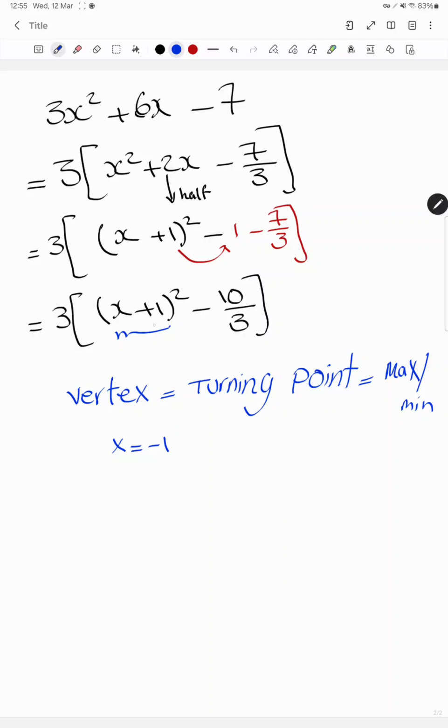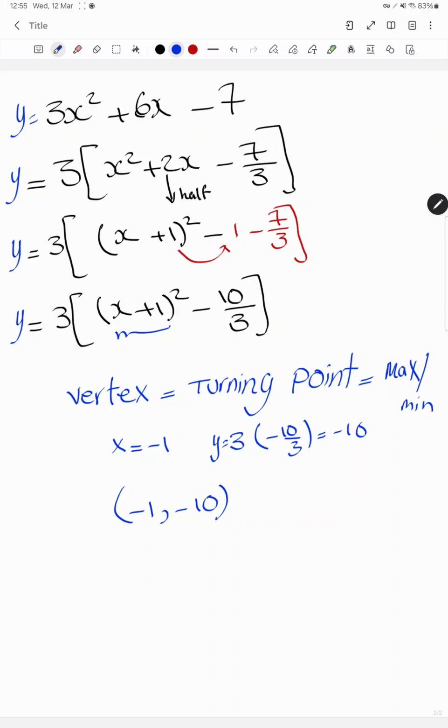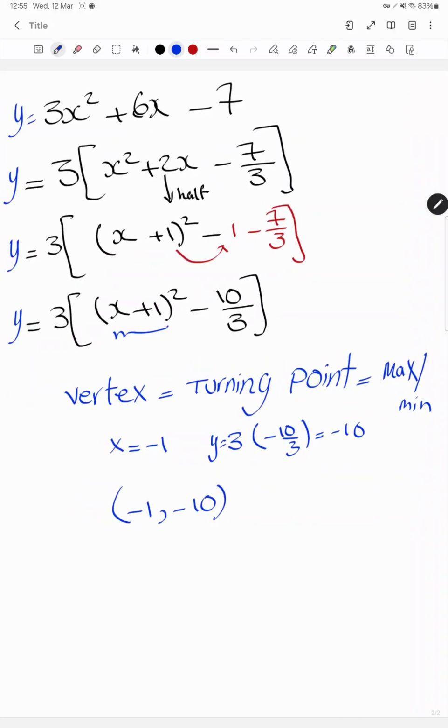And if x equals minus 1, I'm going to have 3 times 0 minus 10 over 3. That would be my y value, so that's minus 10. So my turning point is (-1, -10). That function must equal y then. There we go.